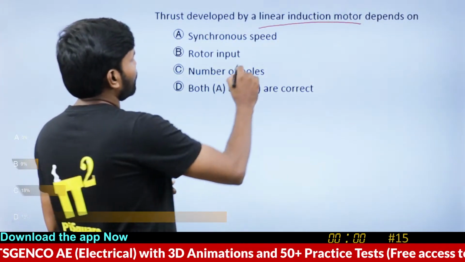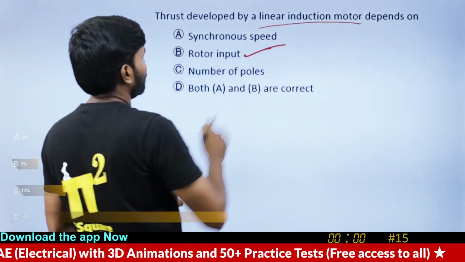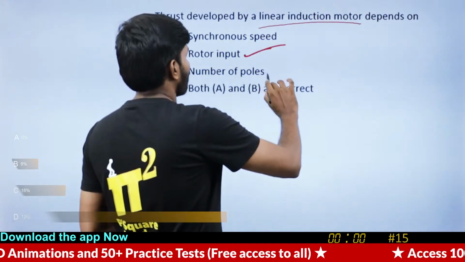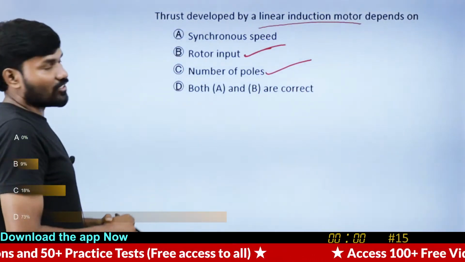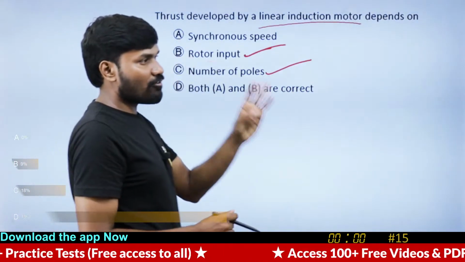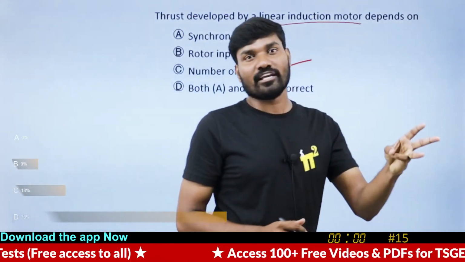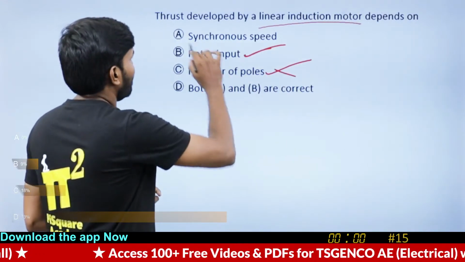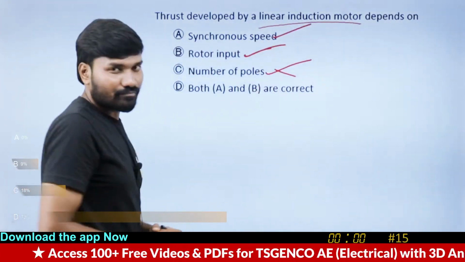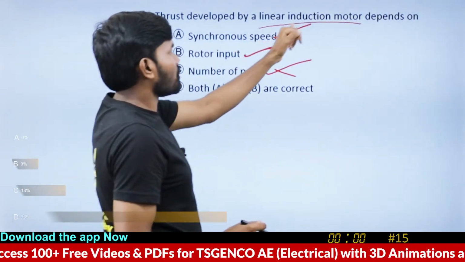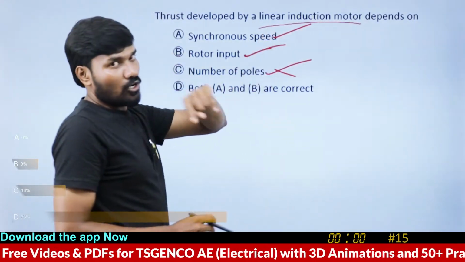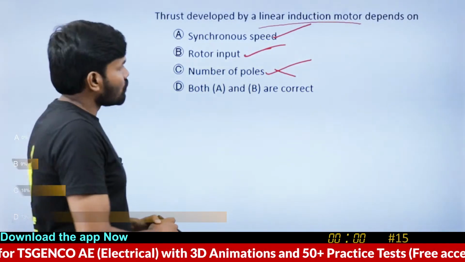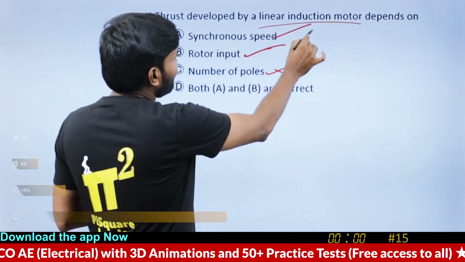Definitely rotor input, and definitely number of poles, correct? Because not just number of poles but also the frequency will have an impact, which means synchronous speed. When I say synchronous speed, poles are included, along with that frequency also. So to be more precise, all three are correct.